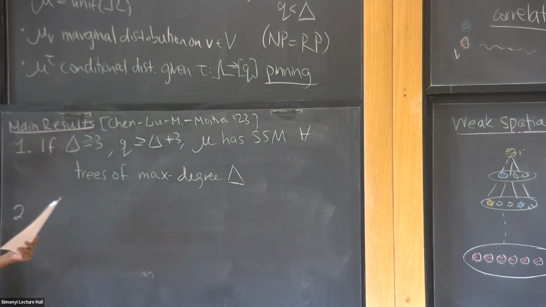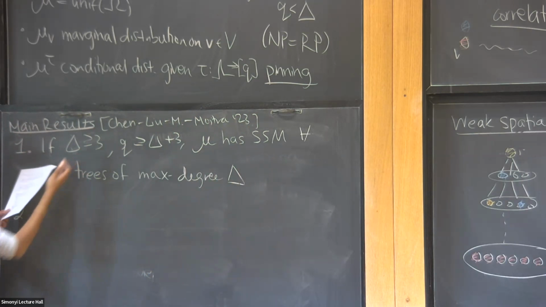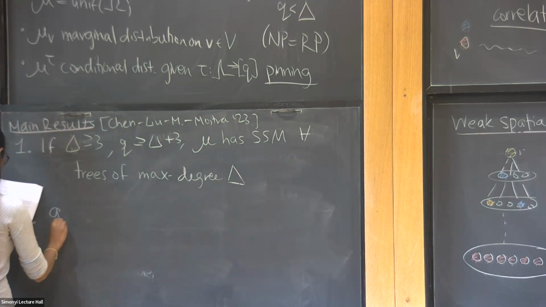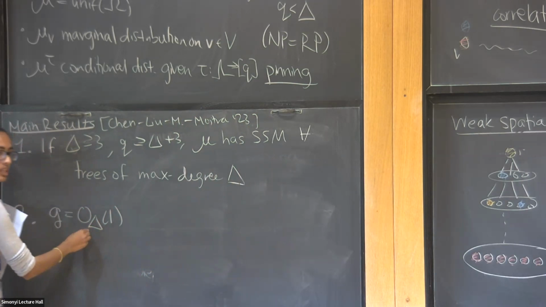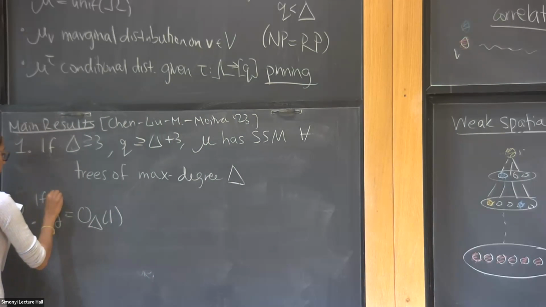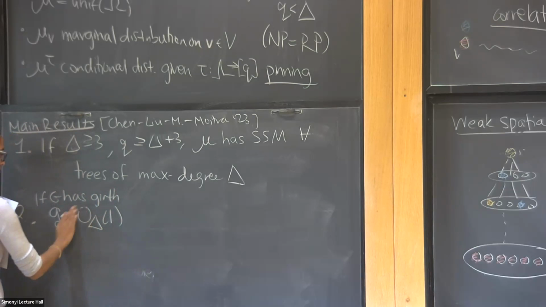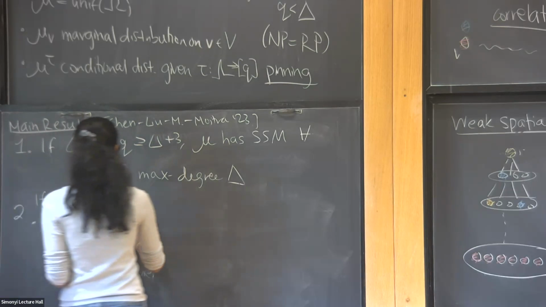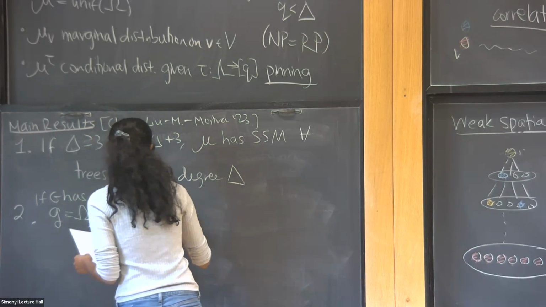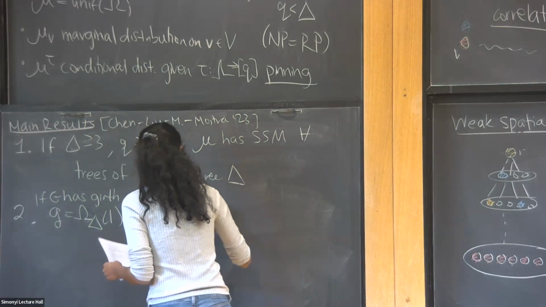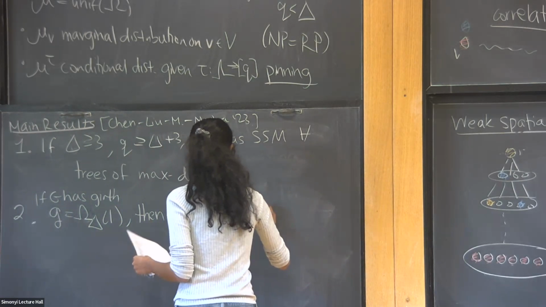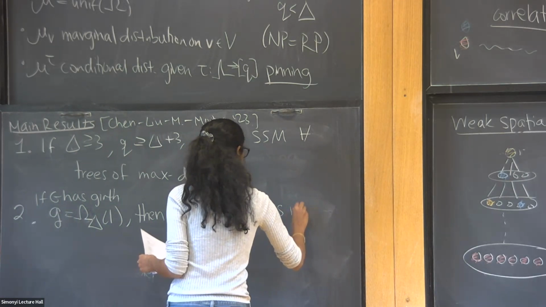The second main result is towards this sampling consequence, which is that whenever delta is at least 3, if graph G has girth at least some constant that scales with delta, then Glauber dynamics mixes in order n log n time.